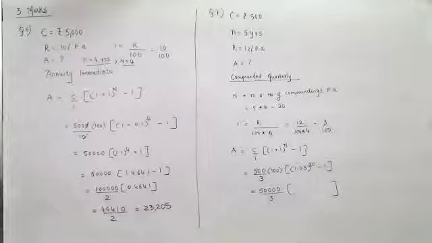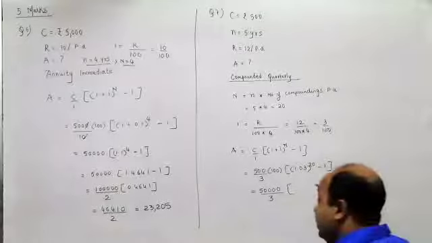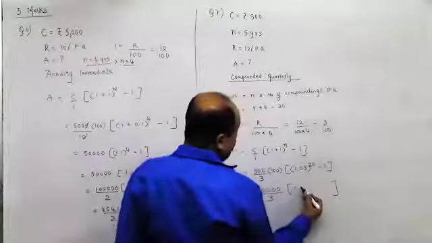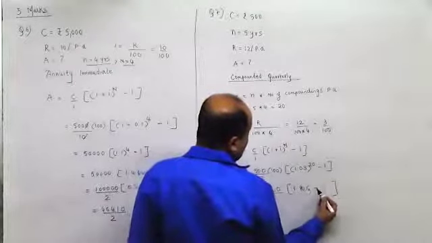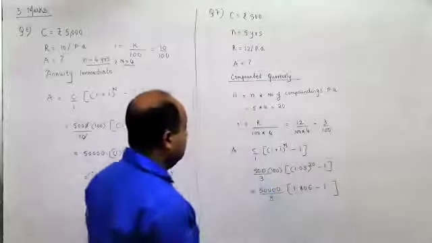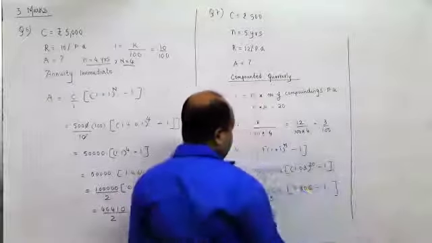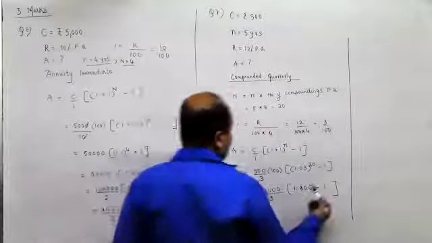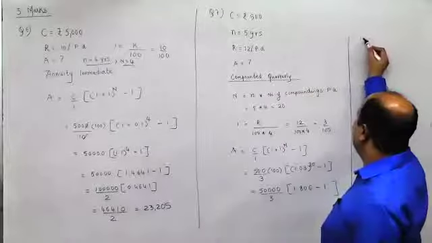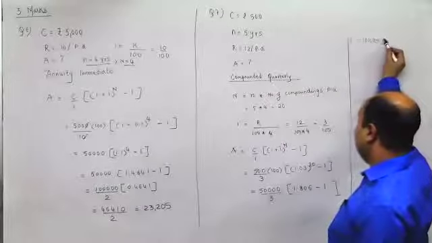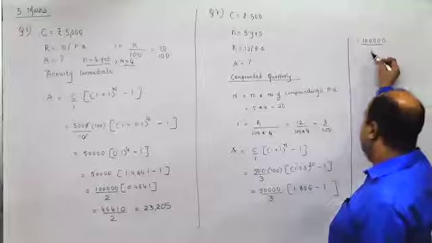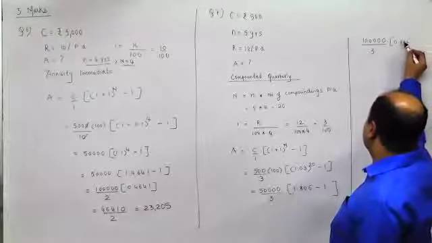Yeah, it is 1.806 minus 1. So it is 0.806. What I'll do is I'll write this as 1, 2, 3, 4, 5 upon 3 into 0.806.